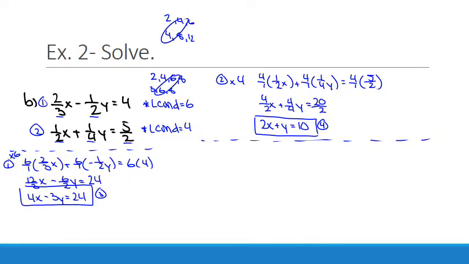Okay, so now if I look at this, I can see, thankfully, it's nice when you have a lone variable. So I know my new system, and again, maybe I'll write the new system up here, just out of the way since I'm short for space. 4x minus 3y equals 24. And then the other equation, 2x plus y equals 10.